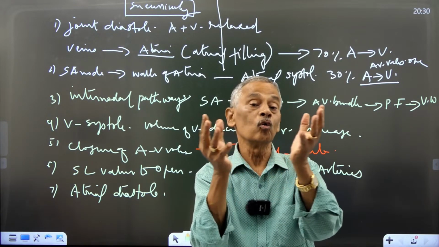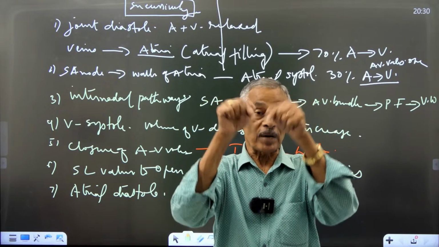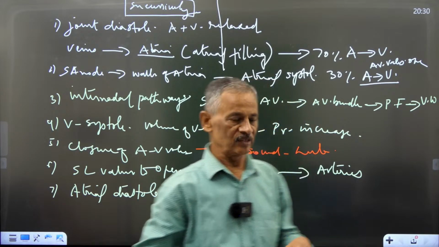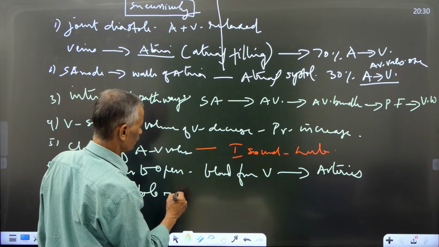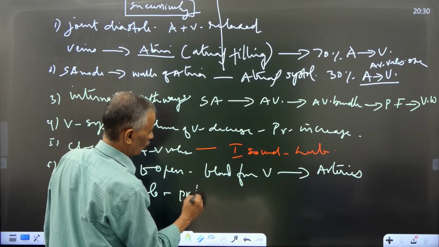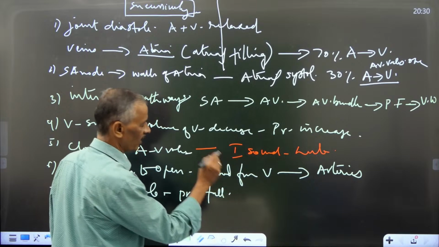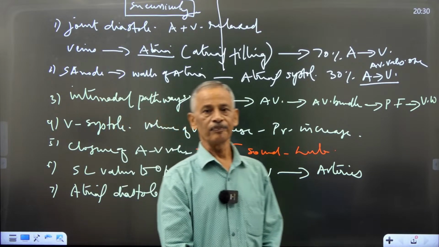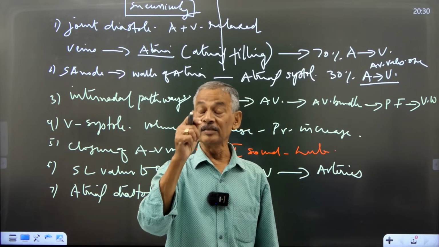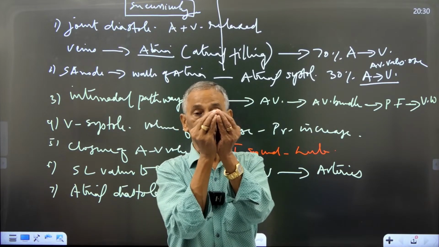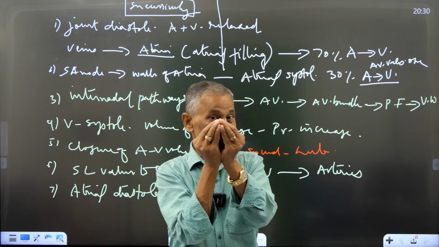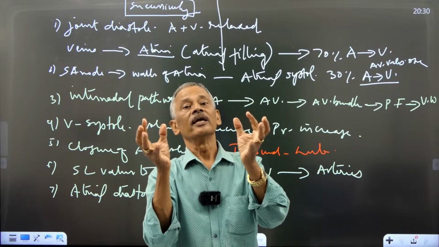The volume is increasing. So, the pressure inside them decreases. So, atrial diastole causes pressure to fall inside the atria. Remember, blood in the veins is under pressure. Now, there is a fall in pressure, a decrease in pressure within the atria.